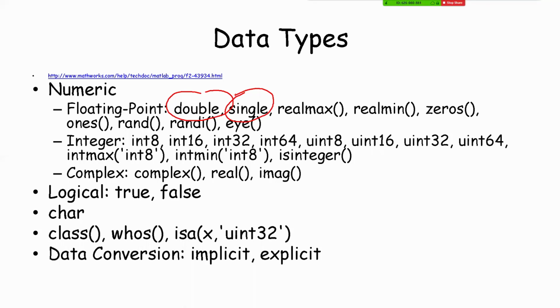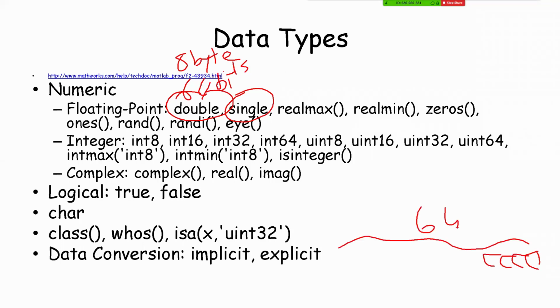It has fewer bits dedicated to it. More precisely, double has 64 bits, 8 bytes. So remember, each byte is 8 bits. A double takes up 8 bytes room from your memory. So 64 little boxes are used to store a number.